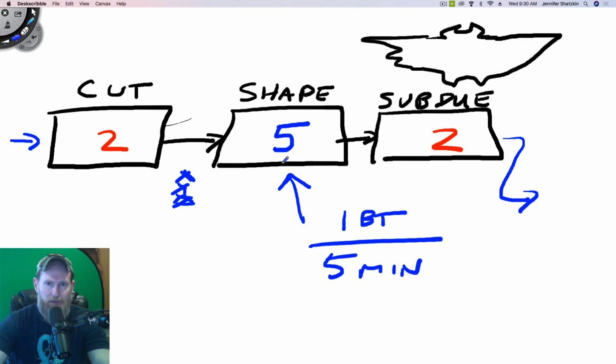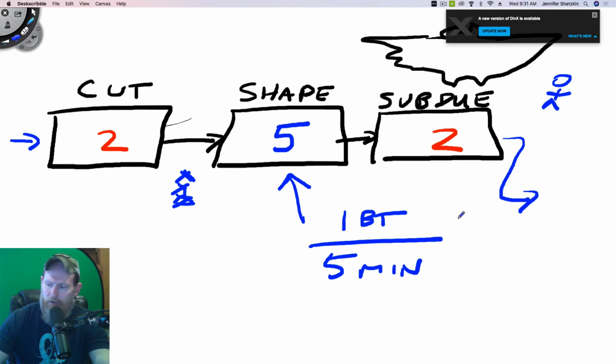It doesn't mean that 1 batarang takes 5 minutes to go through the process. It means that if we stand here and count the amount of time that passes between 1 batarang exiting and the next one, it'll be a 5-minute interval.